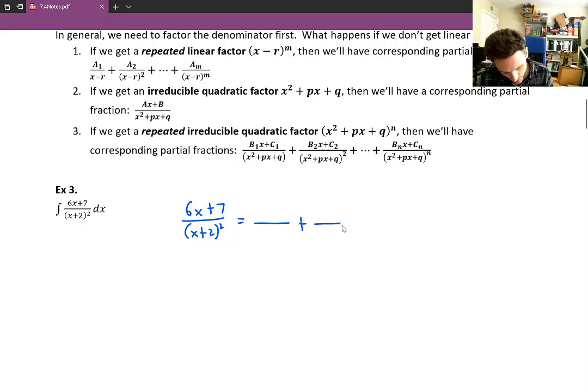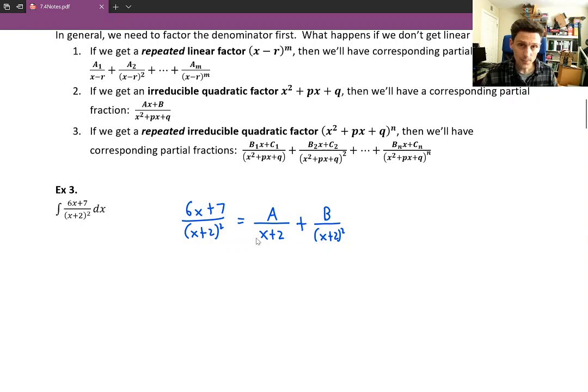You see that exponent of 2, which means you're going to have 2 fractions coming from that. And above each of those fractions will just be a letter, A and B. That's because we're dealing with a linear factor here that's being repeated. So with linear factors, you just have a single letter above each fraction. And then down below, we're going to have x + 2 and then (x + 2)^2.